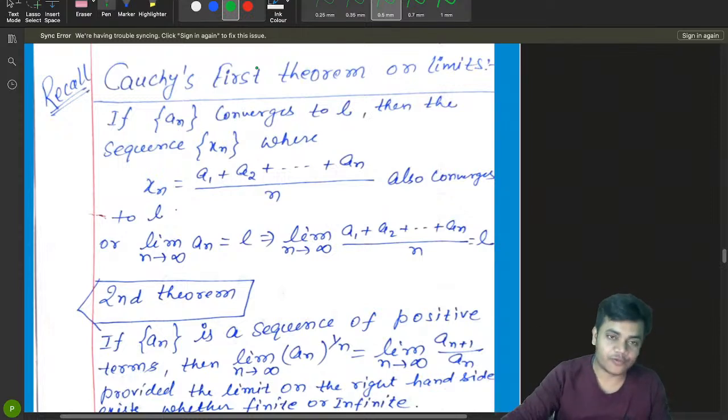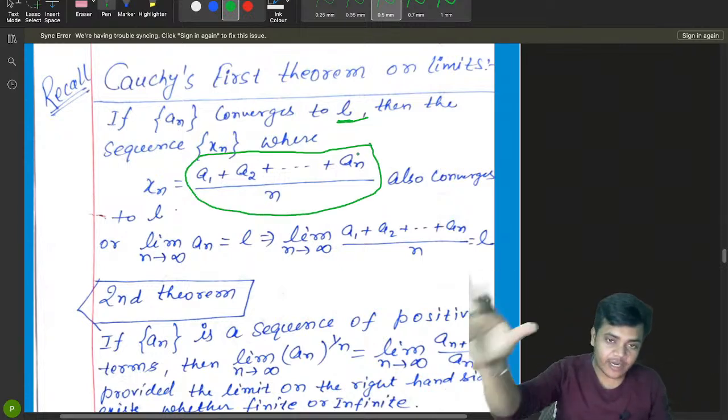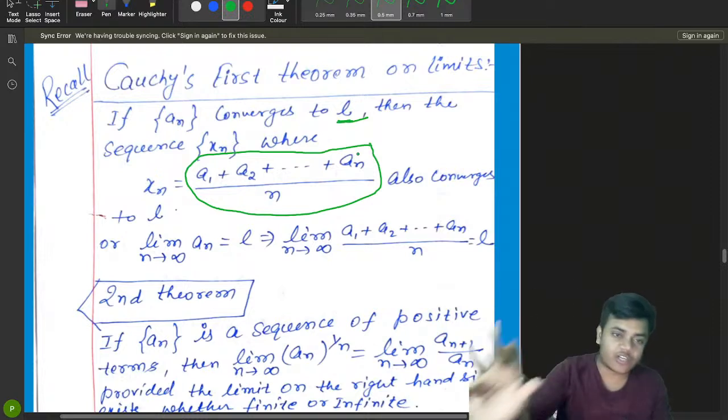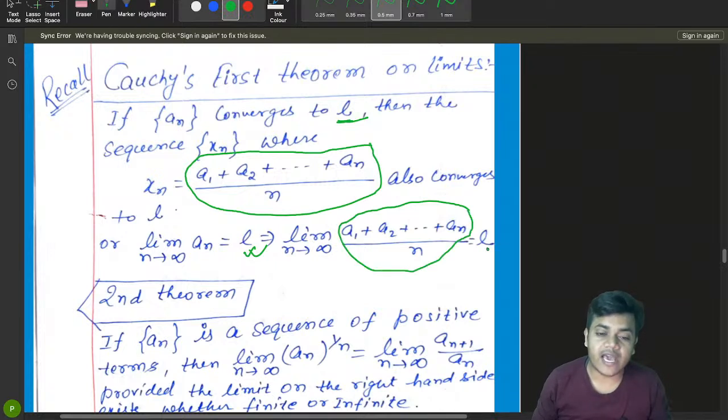So if you have a sequence An and this sequence converges to L, and then a sequence Xn which is the arithmetic mean of n terms of An, then if your sequence An converges to L, this implies this arithmetic mean will also converge to L. Once again, let me repeat it clearly.